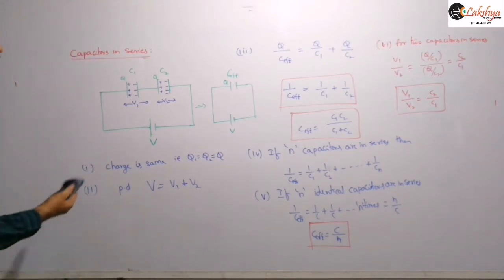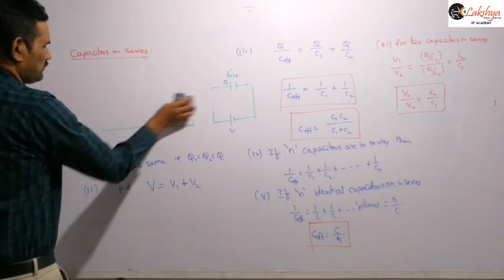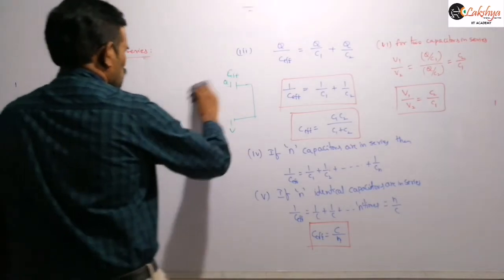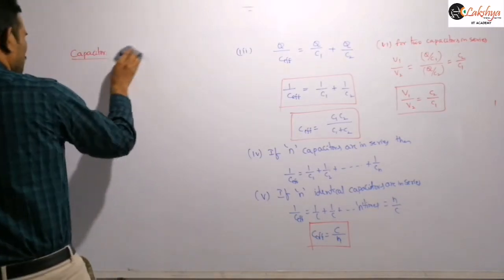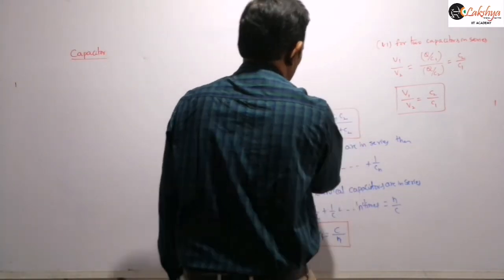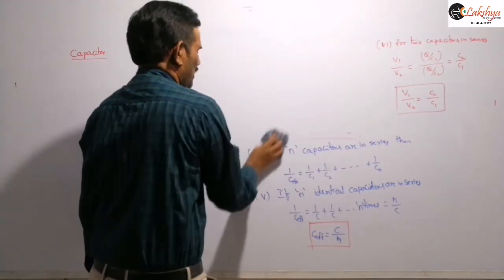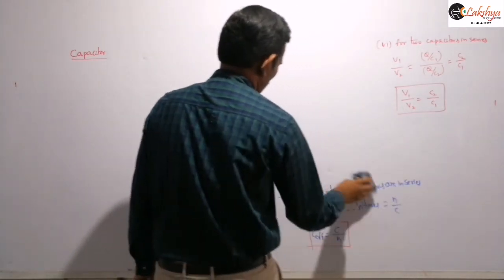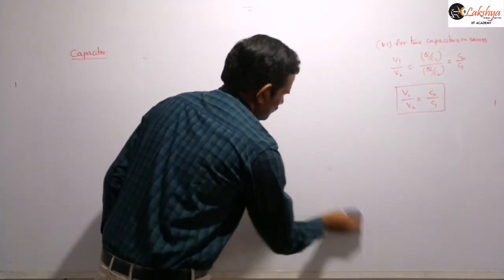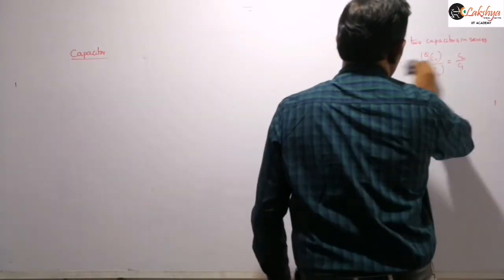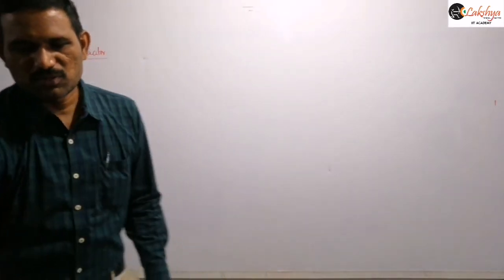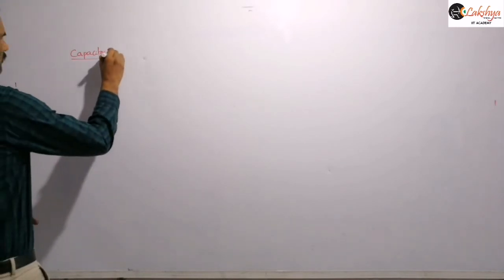And now next let us see the parallel combination of the capacitors. Parallel means the potential difference should remain constant. Whether resistors are in parallel or capacitors are in parallel, the condition will be the same only. The potential difference across the capacitors must be the same. So now let us see these capacitors in parallel.